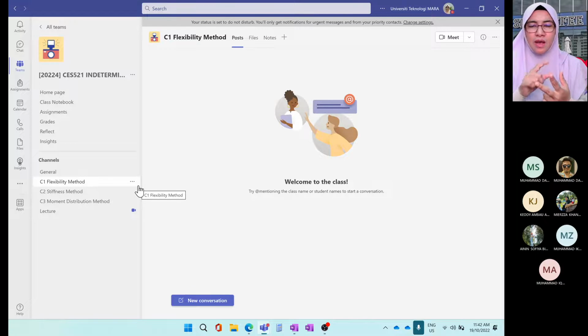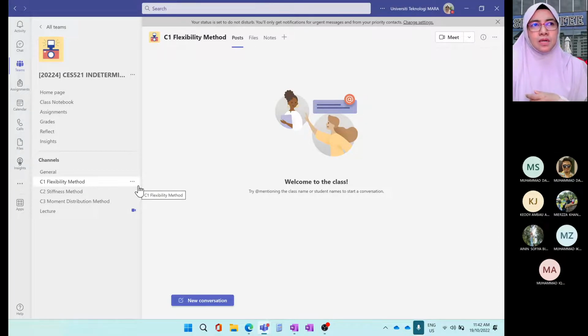So tiga-tiga ni, you have learned this in two courses, in solid mechanics as well as in determinate structure. I believe you still remember. Okay, masa belajar solid mechanics, you have learned about beam, about how to calculate reaction using equilibrium equation.